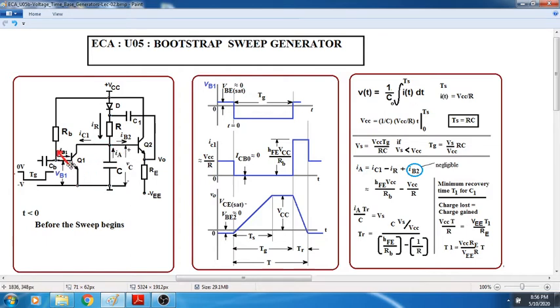Okay, so in today's lecture we will only try to understand one small portion of the behavior of this entire circuit. So what is that small portion?